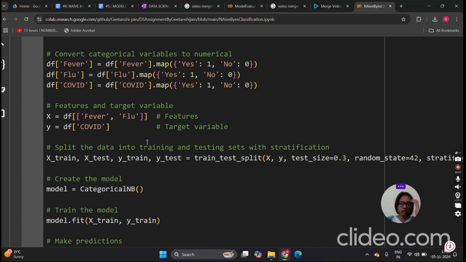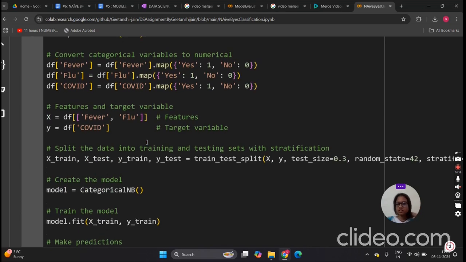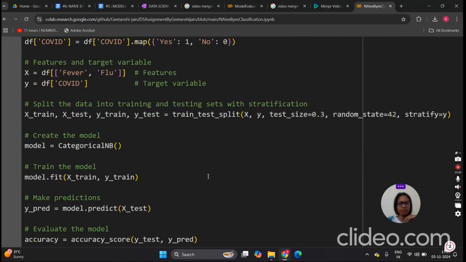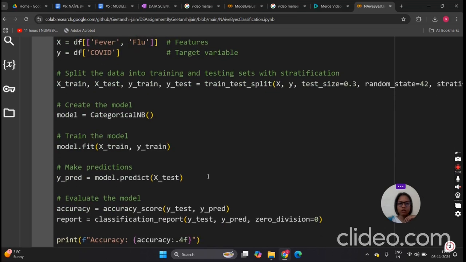Next is to split the data into training and testing sets with stratification: X_train, X_test, y_train, y_test. Create a model, CategoricalNB. This is our model name.